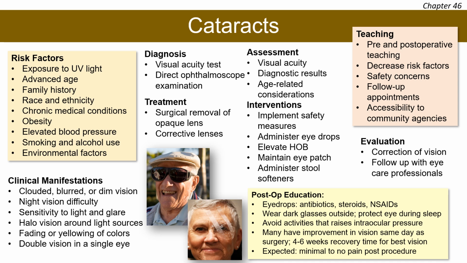For any vision impairment, we want to make sure we educate them on safety measures. For example, driving and other activities that require eyesight, they need to be evaluated to make sure that they're still able to see well enough to do those activities.